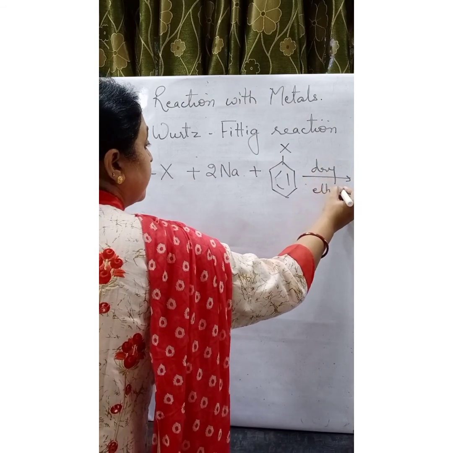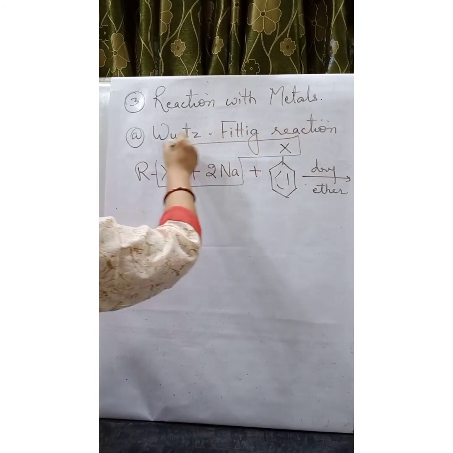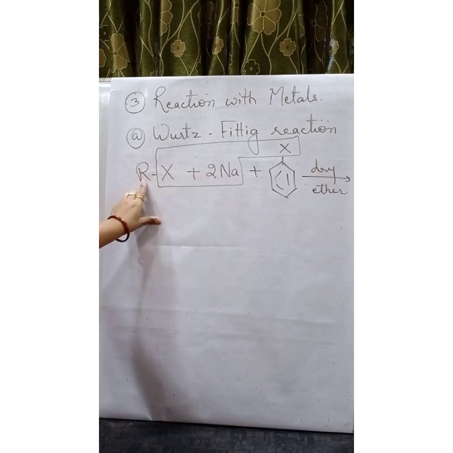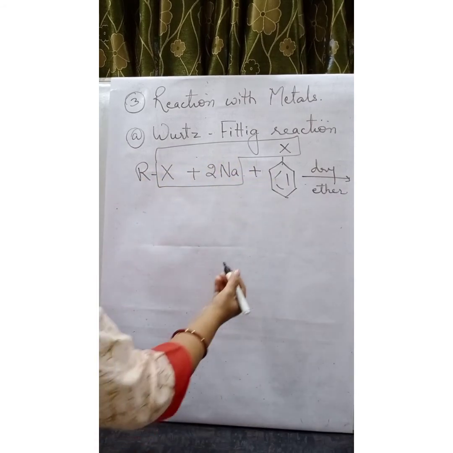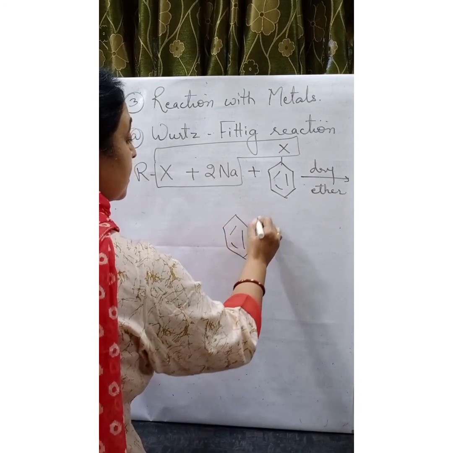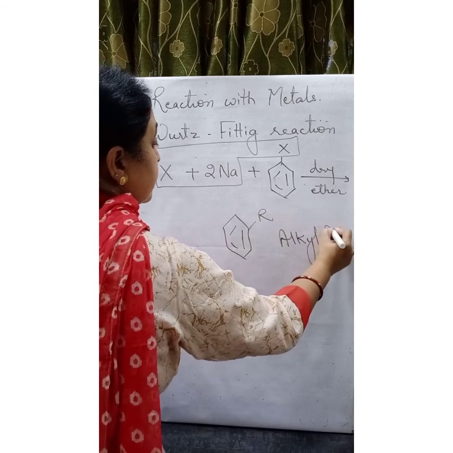We are taking dry ether to absorb the traces of moisture. So 2 NaX get removed and R gets introduced in the benzene ring, giving rise to alkylbenzene.